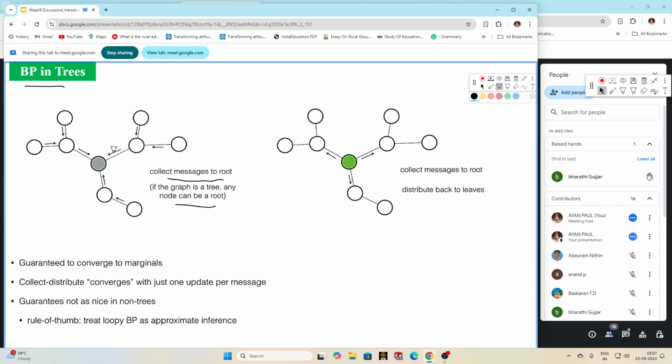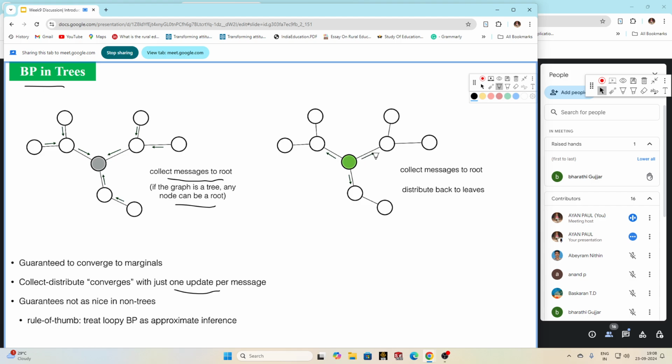For each edge there are two messages: one when the root node is receiving the information, and a second when the root node is distributing the information. Let's say this is another node. This node will only be updated when it is receiving the information from the root node. That is why it is written as collect, distribute, converges with just one update per message.